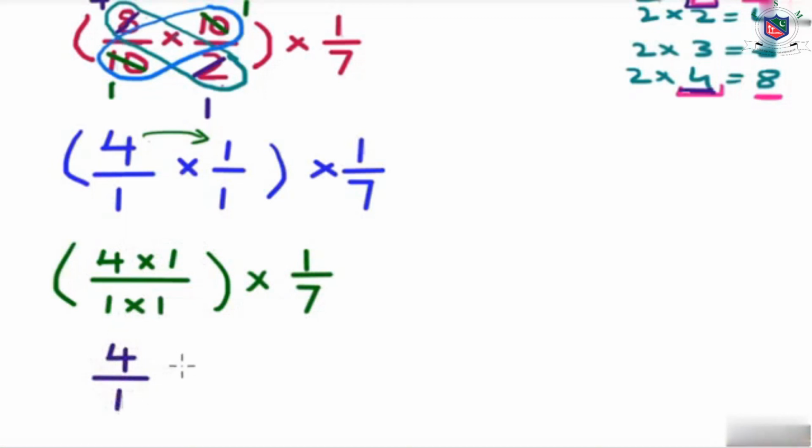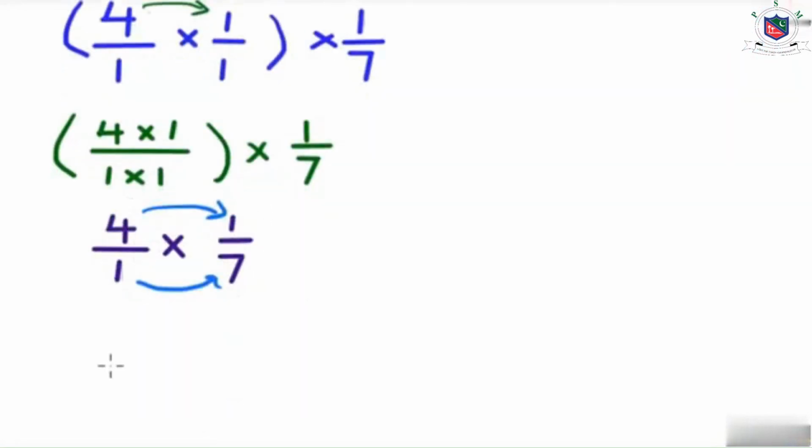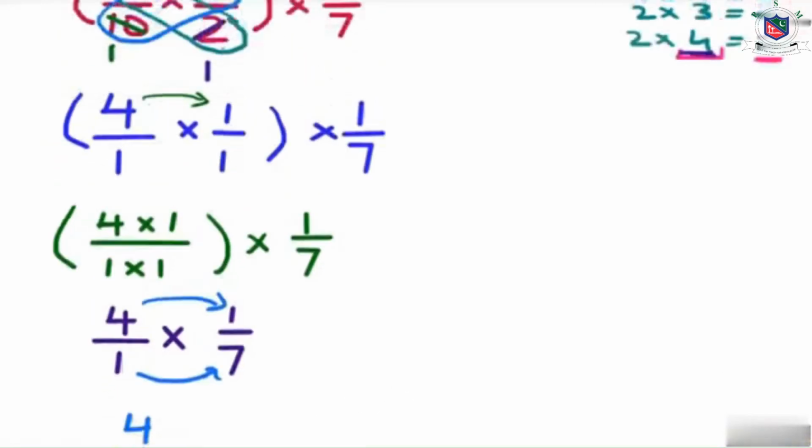So here it will be 4, in the denominator it will be 1, then multiply by 1 upon 7. So now we have to multiply these two fractions, and again, 4 multiplied by 1 in the numerator and 1 multiplied by 7 in the denominator. 4 times 1 is 4 and 1 times 7 is 7.